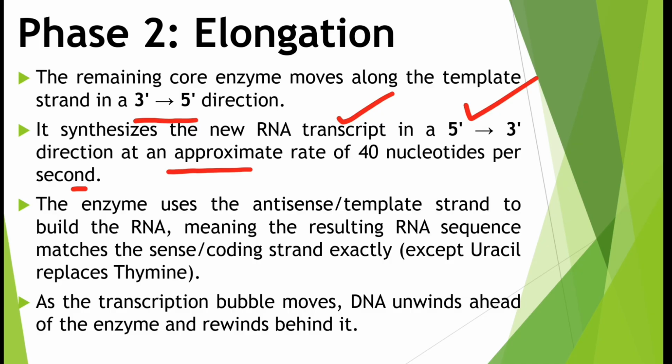The enzyme uses the antisense or template strand to build new mRNA, meaning the resulting RNA sequence matches the coding or sense strand exactly, except that uracil replaces thymine, because DNA has thymine and RNA has uracil instead of thymine.